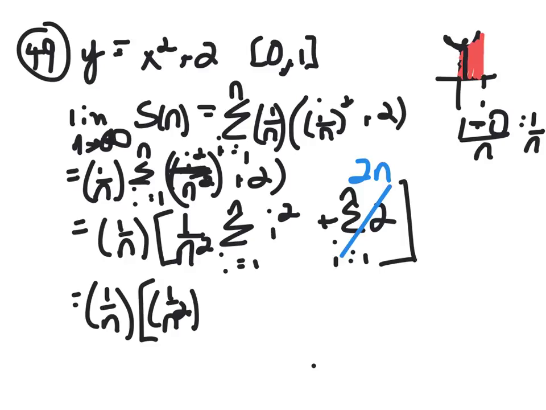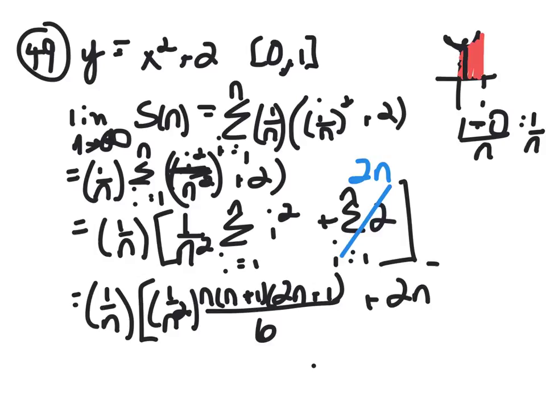That formula is, for i squared, n times n plus 1 times 2n plus 1 all over 6. Okay, so that's that whole thing. And then I got that plus 2n that's written in blue up there. Now remember, this 1 over n is eventually going to go with all of that.